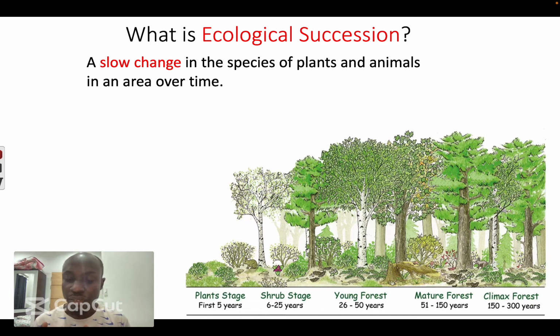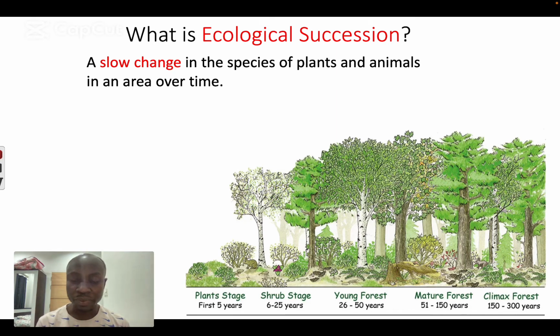And after some time, let's say 5 years, these first plants will die and their bodies will go into the soil to become nutrient and food for the next group of plants.